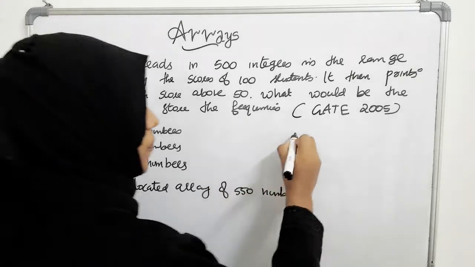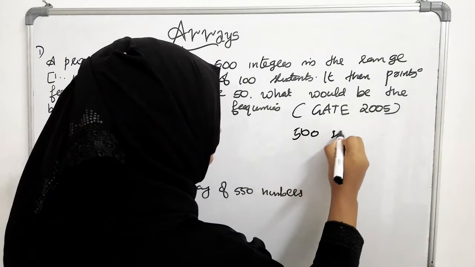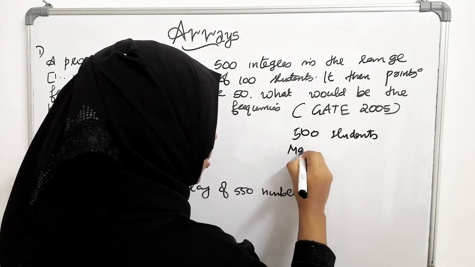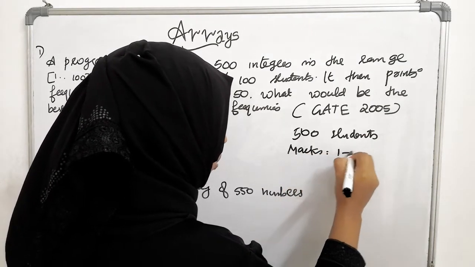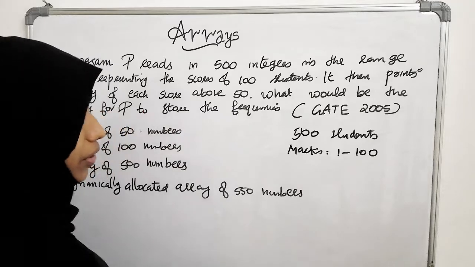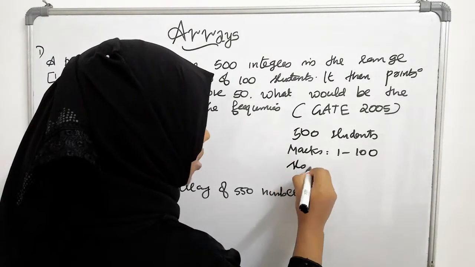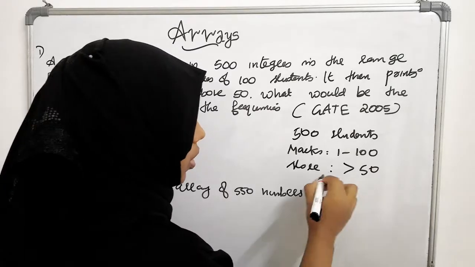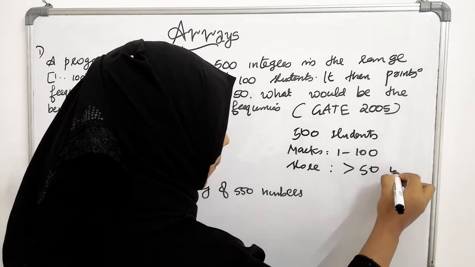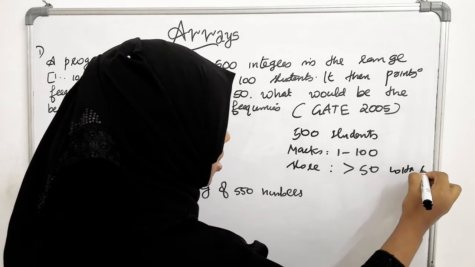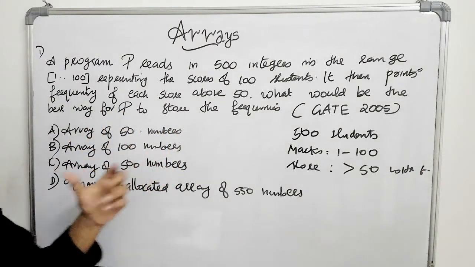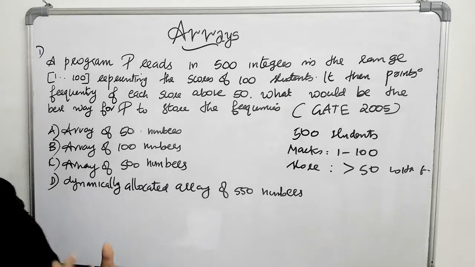That is, we have 500 students, marks range from 1 to 100, and we need to store marks greater than 50 with frequencies. They are asking what kind of array is the best way to store this.